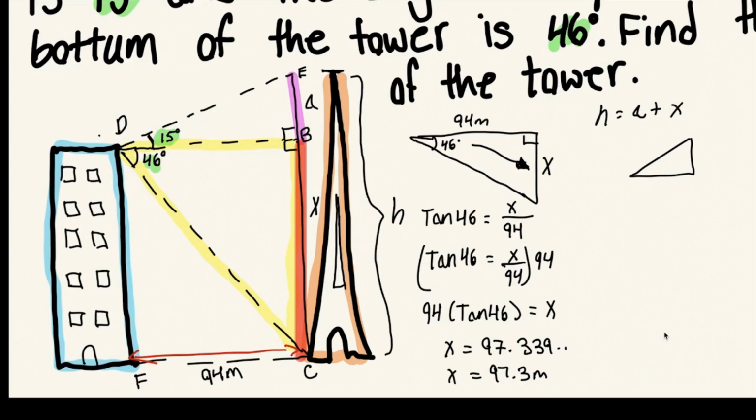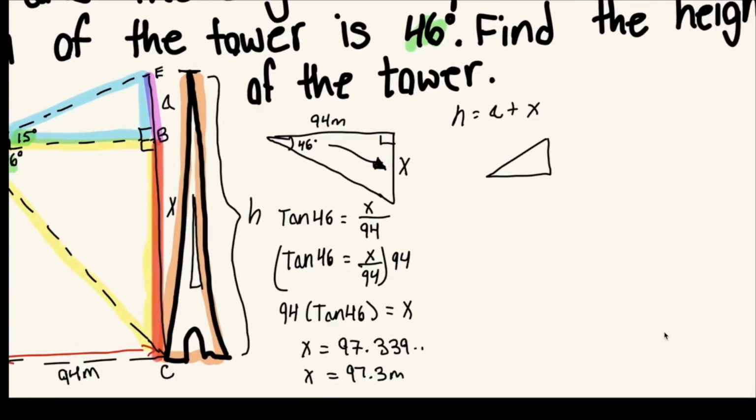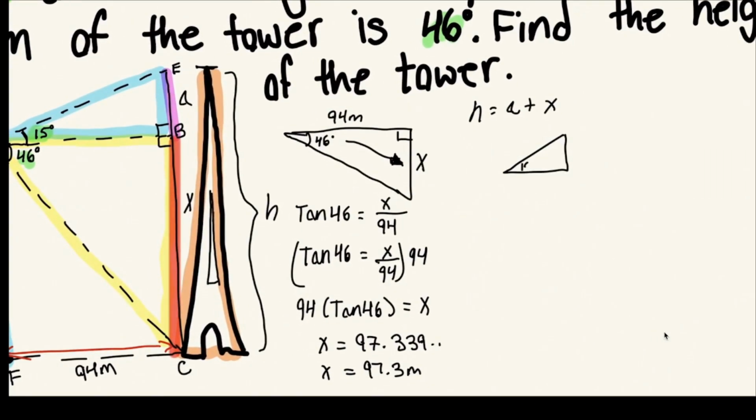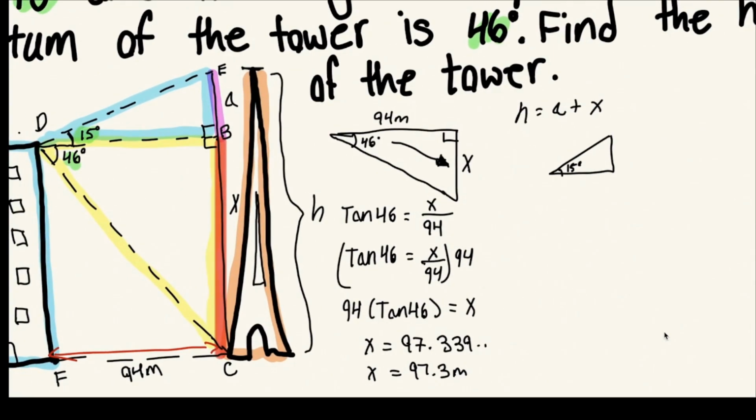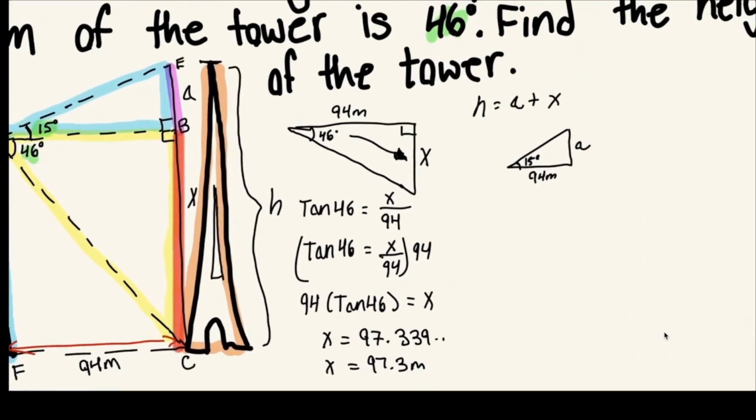Because remember, this is the second triangle right here. And so now, if we label it, this will be 15. This will still be 94, because this distance stays constant when we're looking at these applications, and this will be a.